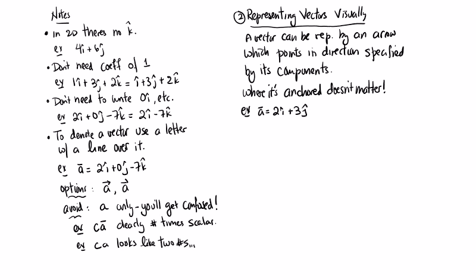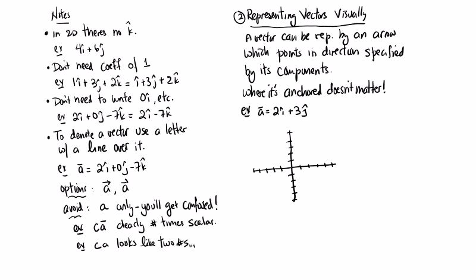We will draw that. The way that we can visualize that, we can draw an axis. This is 2-dimensional, so it'll make it easier to draw. I'm going to draw an arrow which points 2 units in the x direction and 3 units in the y direction, to which you might say, where do you anchor it? And the answer is, it doesn't really matter.